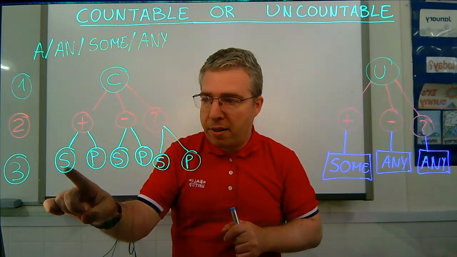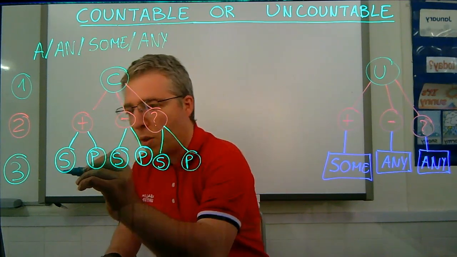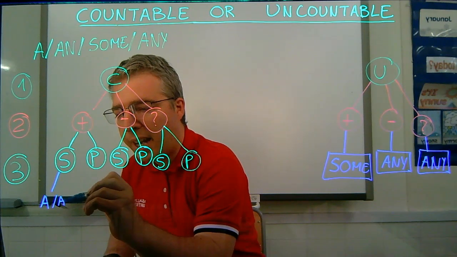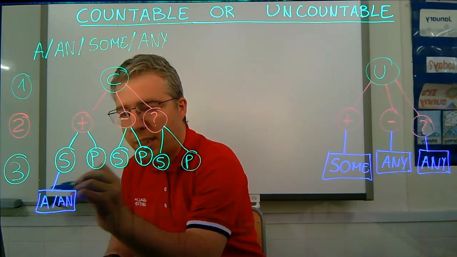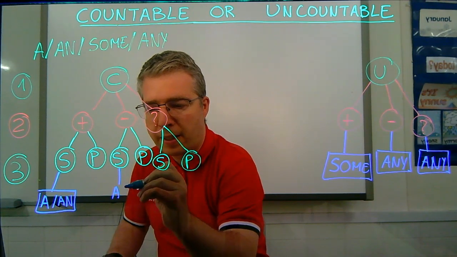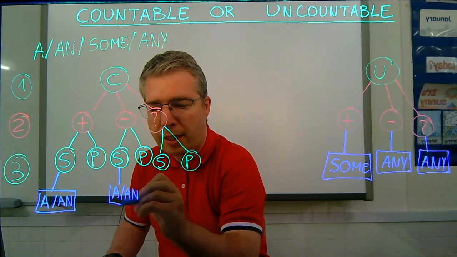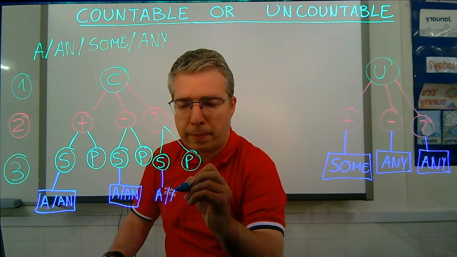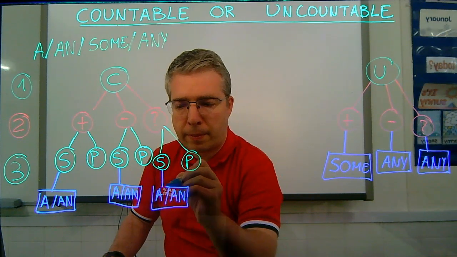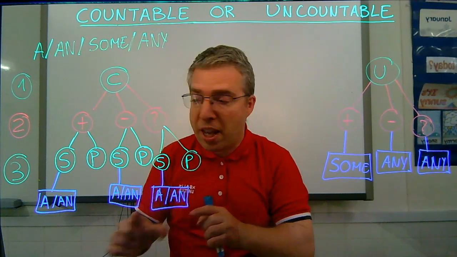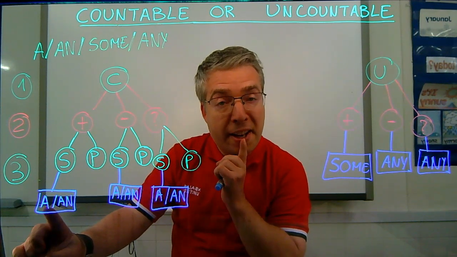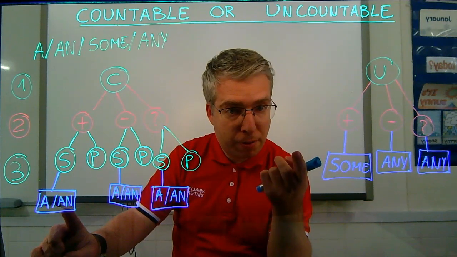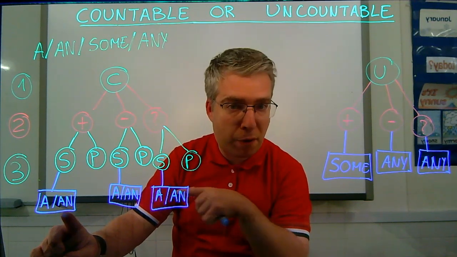When it's singular, we can write a or an. What we need to take into account is that if the noun starts with a vowel, for example, orange, we should write an in front of orange.